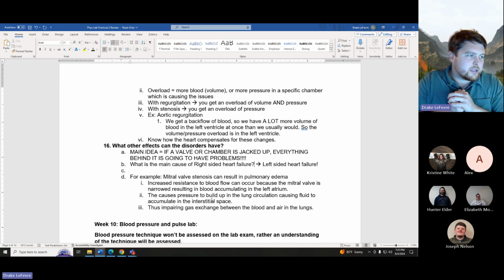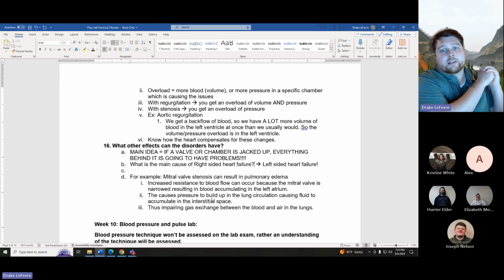With aortic stenosis, right, the left ventricle is going to have to work harder. We're not going to get as much cardiac output going. Left ventricle keeps working harder, working harder, working harder. It's going to hypertrophy, it's going to tire out, and that can actually bleed backwards into the mitral valve, eventually into the lungs. And then once the lungs are involved, then it involves the right side of the heart, and it works its way back.